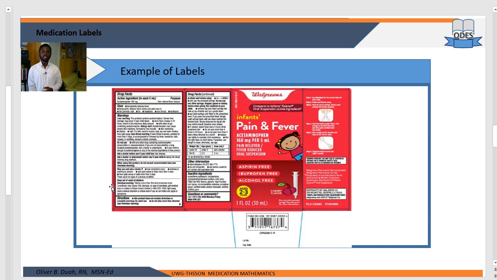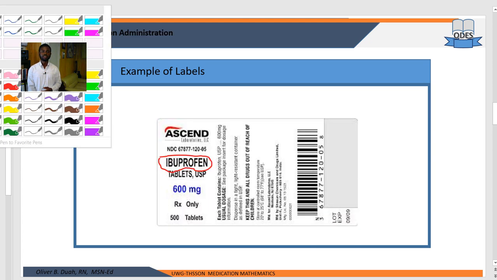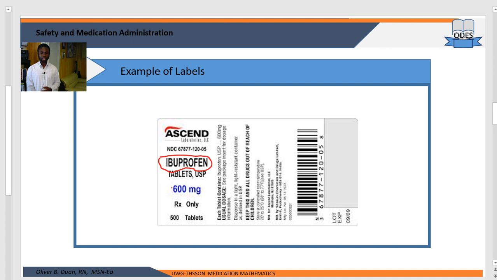The second thing that you are going to see is the formulation. This tells you the concentration of the medication. This is saying that there are 600 milligrams in every one tablet. Then it tells you the total amount, which is going to be 500 tablets.